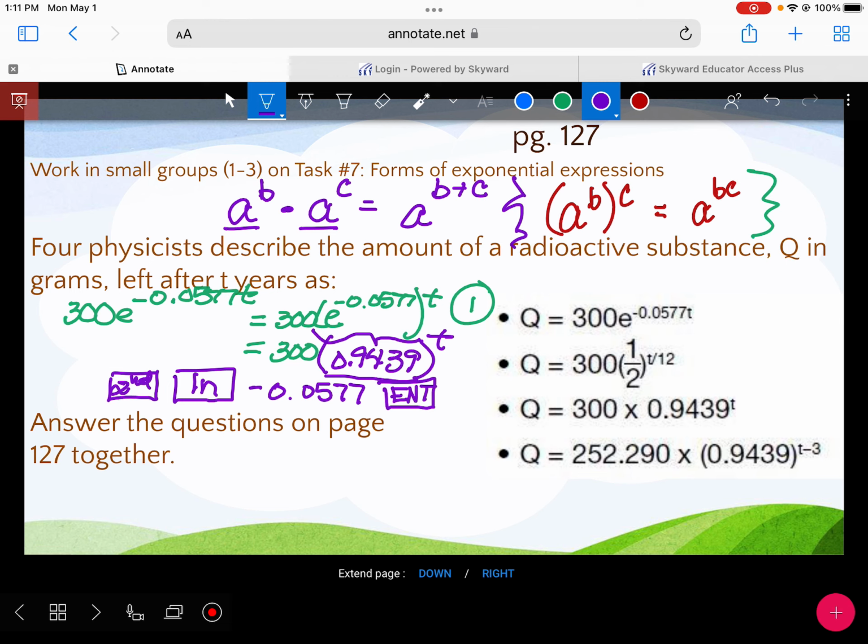Okay, then that should give you this 0.9439. Well, what is that exactly like? Which of those other equations? It's exactly like the third one. So this first one, just by separating our two exponents and looking at this power by itself, we can say that 1 and 3 are the same.